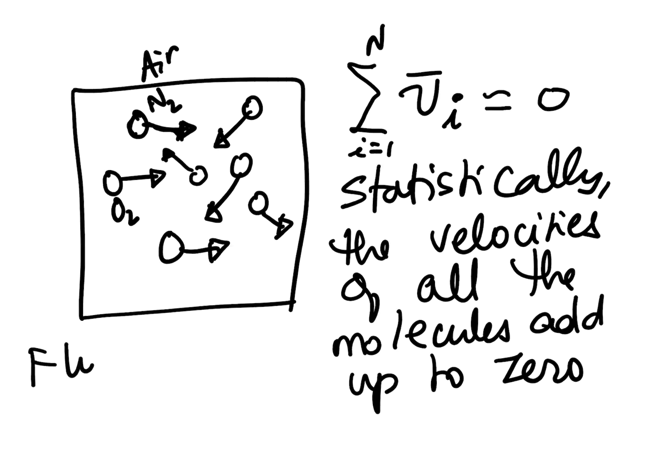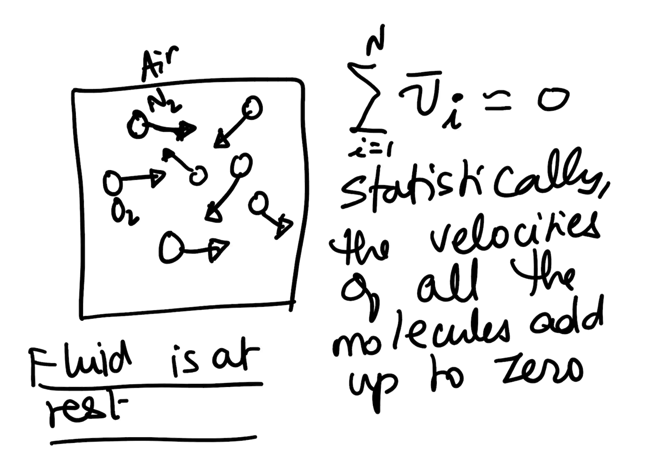So when we just look at this tank of air, we would think that the fluid is at rest. What we imply by that is that the molecules that constitute the fluid all have velocities that more or less cancel each other out, and that they are not collectively moving anywhere. They are all centered roughly around the same point, and the sum of their velocity is 0.